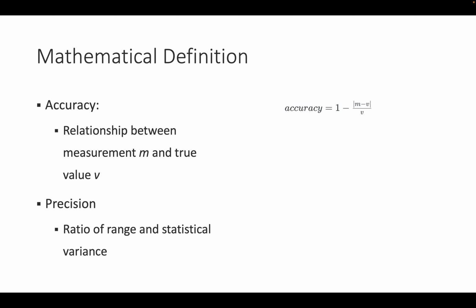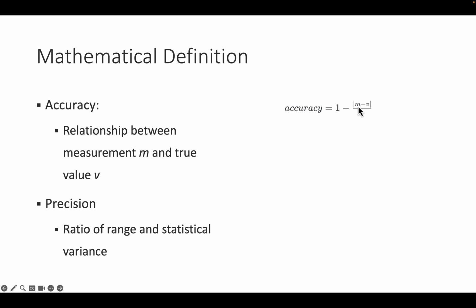All right, for the mathematical definition, I told you already, accuracy is related to the difference between the true value and the actual measurement. In order to get that percentage, we are using this equation here. So if the measurement and the true value are the same, the accuracy is 1, that is 100%.